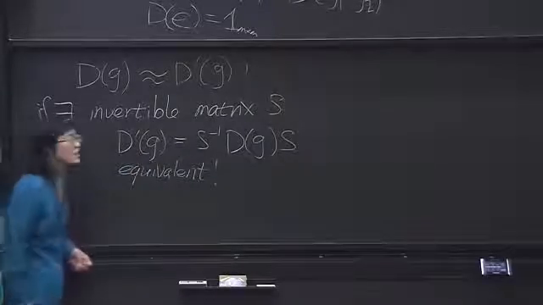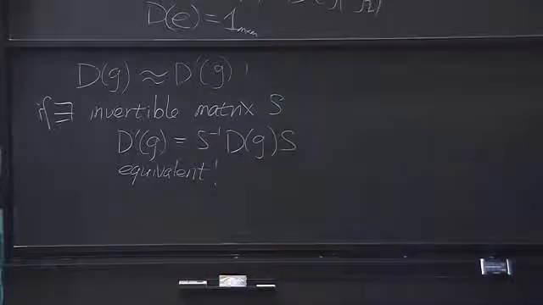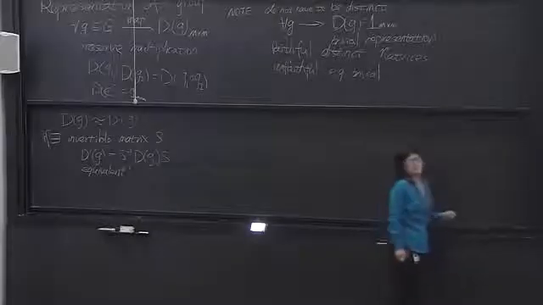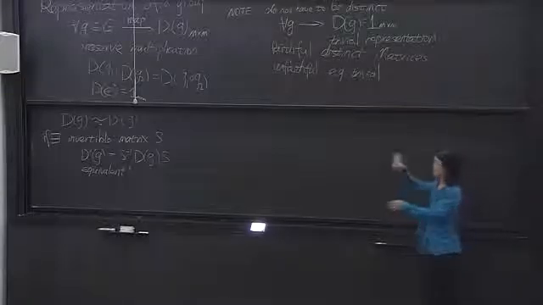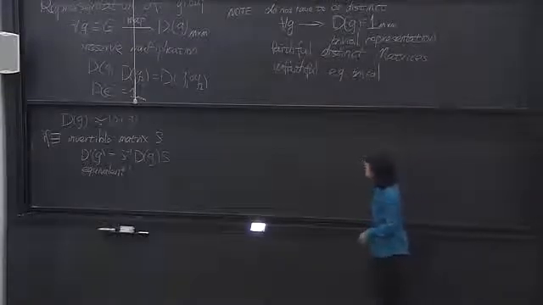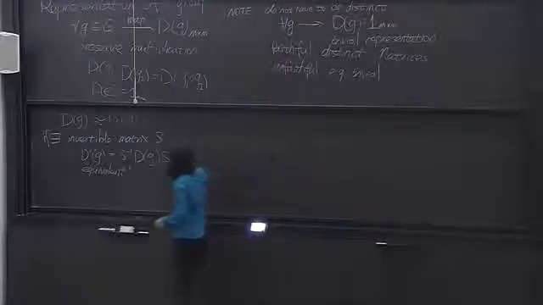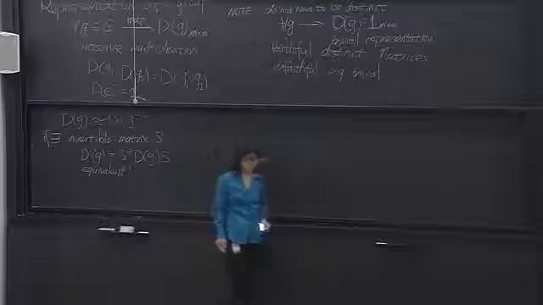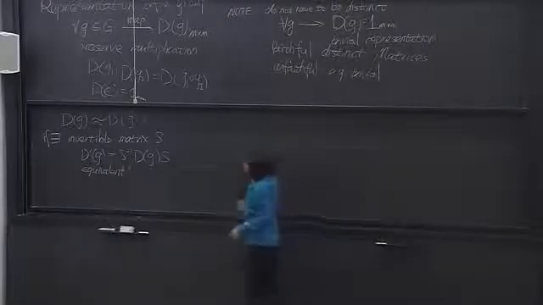Very good. Now we say we're only really interested in the inequivalent representations. If they're equivalent, I'll study one of them, and all the rest I can just transform by a coordinate change. Then we can define what you probably have heard a lot about, a reducible representation.